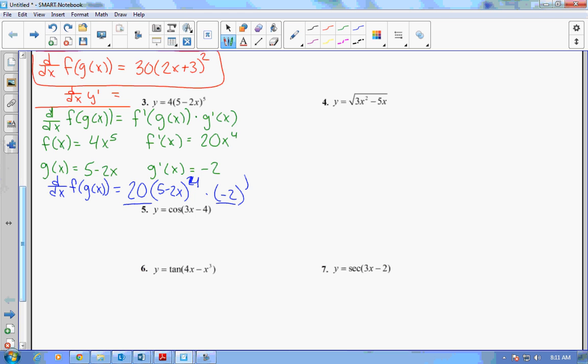So d dx of f of g of x equals negative 40 times 5 minus 2x, all to the 4th power. Or you need to say y prime.